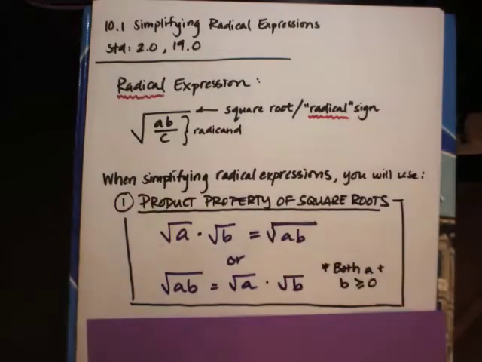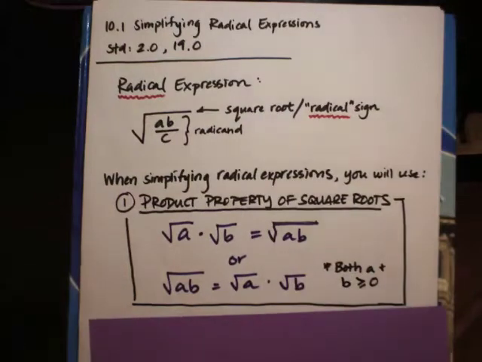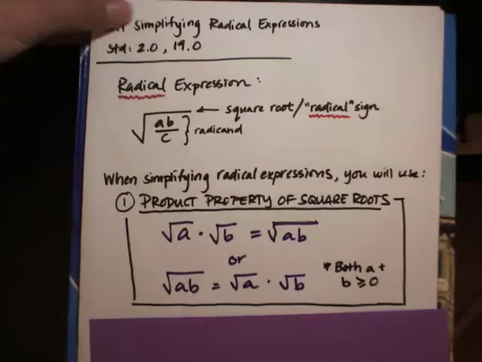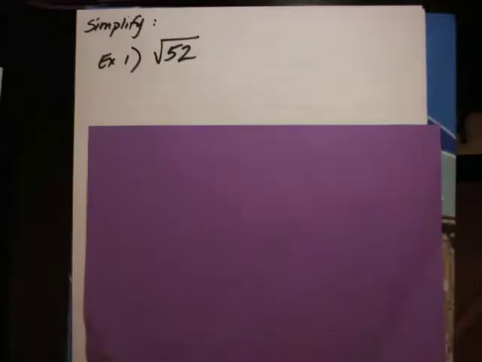Okay, but keep in mind that both the values of a and b, or any value of any variable underneath the radical sign, has to be greater than or equal to 0. Okay, you cannot have any negatives underneath the radical sign, not until later on in your math career. So with that, we're actually going to start off with just an example.